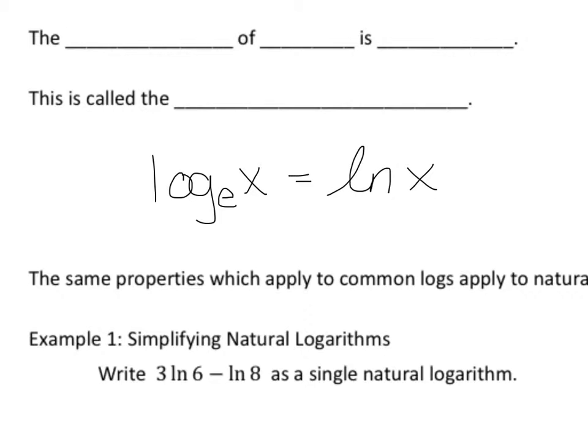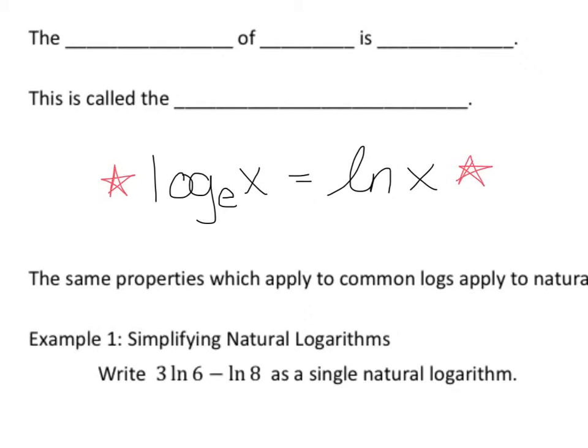Okay, so ln is natural log, and that's the exact same thing as log base e. Got it? And there's a button on your calculator that's ln. It's where the e is. Makes sense that they go together. That is the foundation of what we're doing today: logs with base e are natural logs, and so we just put ln, which is log natural, I guess.